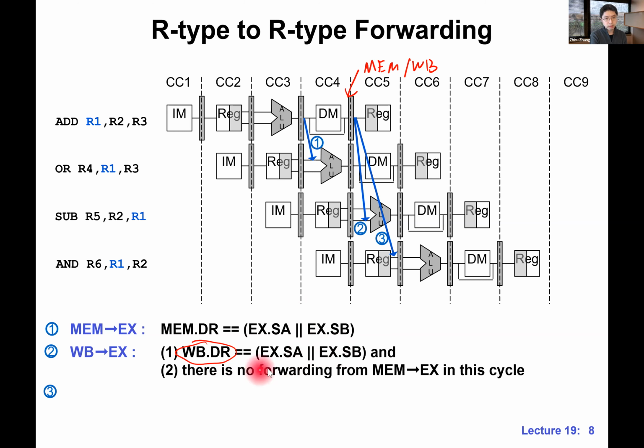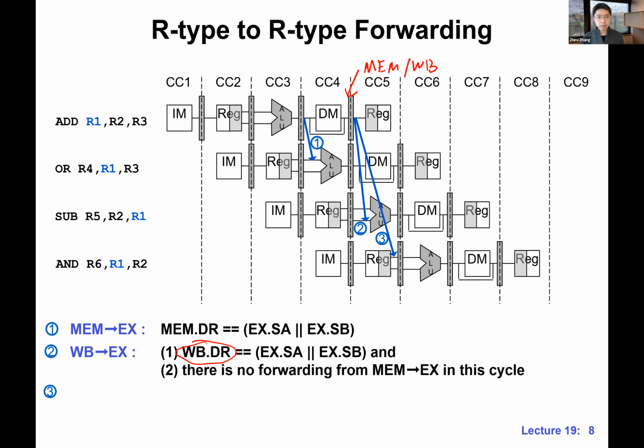But here's a second condition, something we're going to discuss pretty soon, and this one is kind of interesting. We also need to make sure that there's no forwarding from mem to EX. If there's no forwarding from mem to EX, and there's a forwarding from WB to EX, then we enable this path.